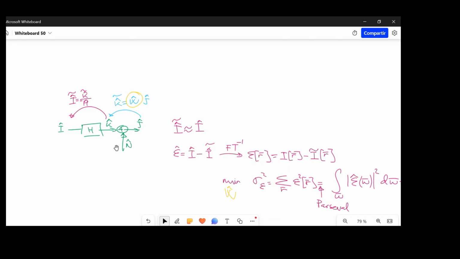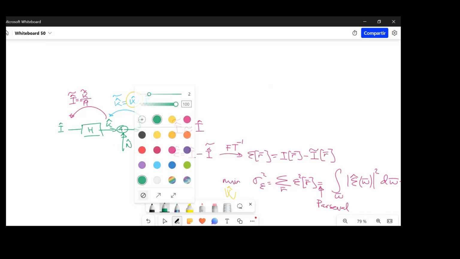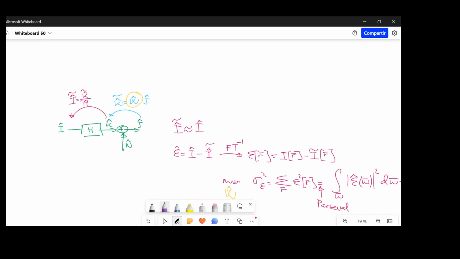Let's look at these things. Let's look at K. So H was multiplied by a Gaussian. So at very high frequencies, we have killed information.